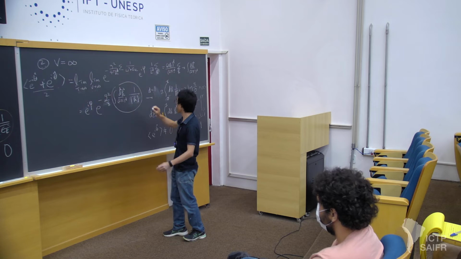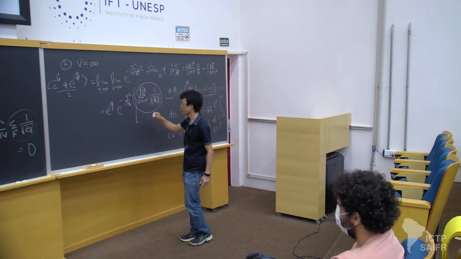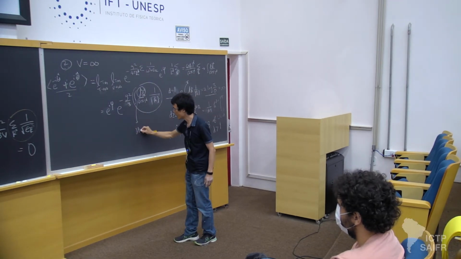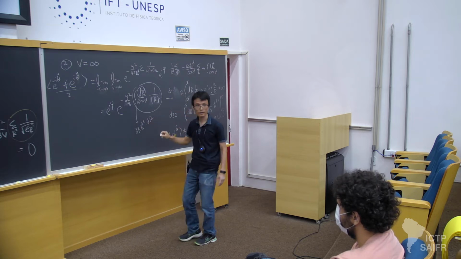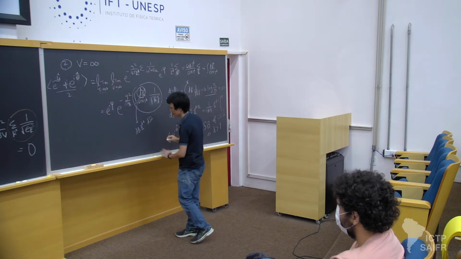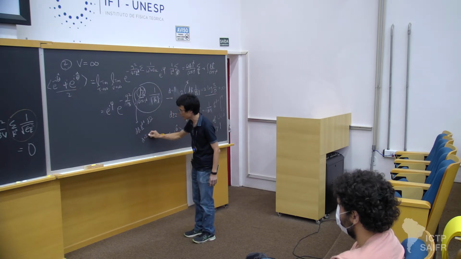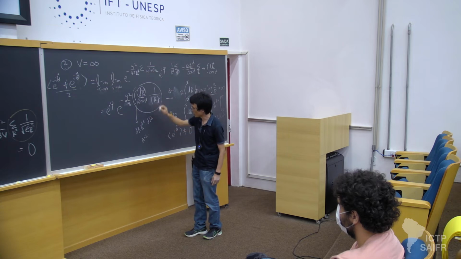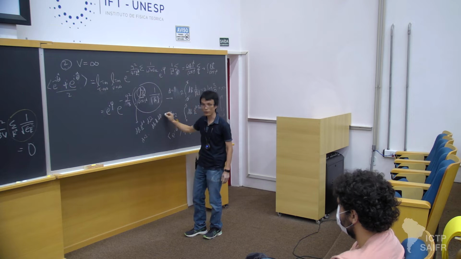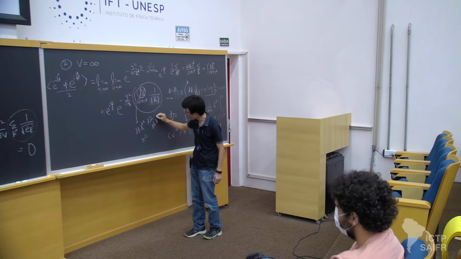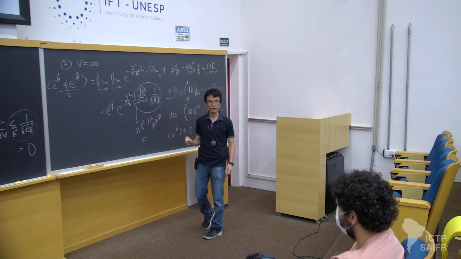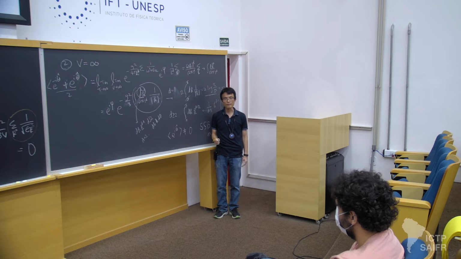Yeah, and then this one is dk, k to the d minus 1 times the angular integration. In 2D, I'm just using polar coordinates. When d equals 2, it's dk, k, d theta, right? That's the measure for 2-dimensional integration in polar coordinates. And in 3D, you have d omega_2 here, k squared.